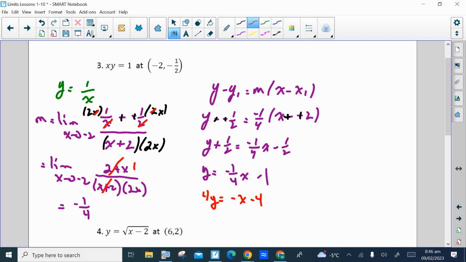And then I'd bring the x and the 4 over. Remember, in general form, the x term should be positive. So it'd be a positive x, a positive 4y, and a positive 4. So there's the equation in general form.